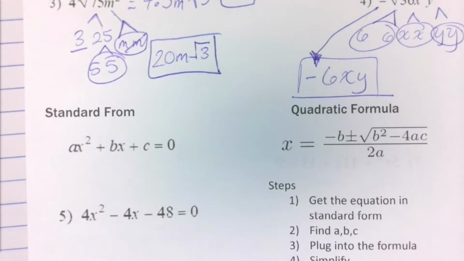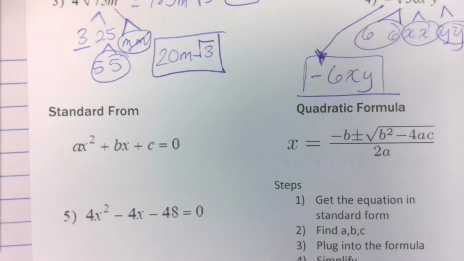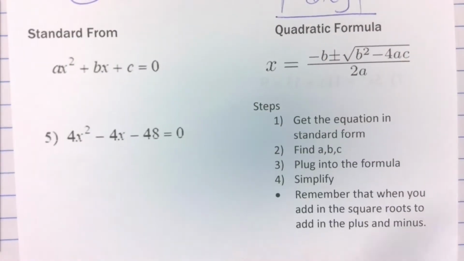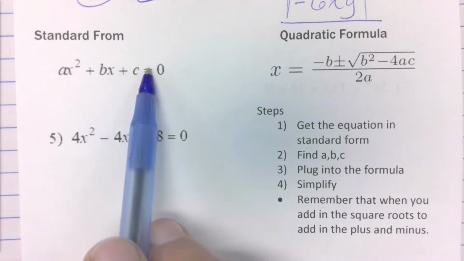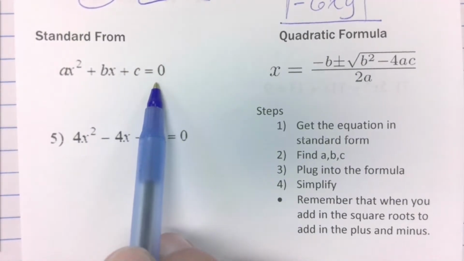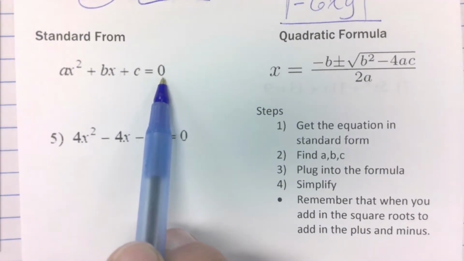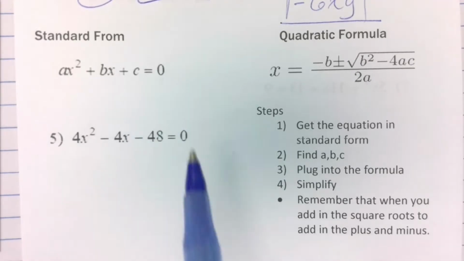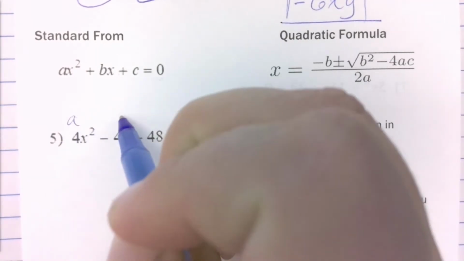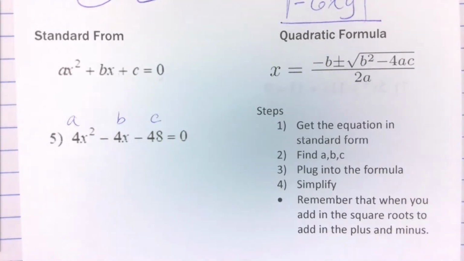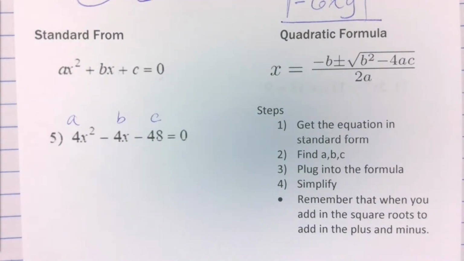Okay, you guys. Step 1 is we need to get the equation in standard form. This has to be 0. If it's not 0, you can't do anything. You have to get that as a 0 first. This is your A, this is your B, this is your C. You with me?